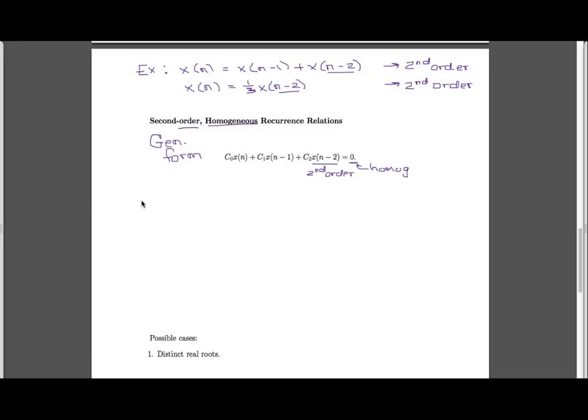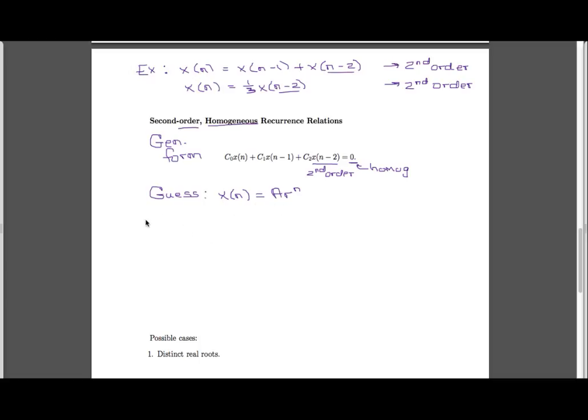Okay, so let's guess that our solution x of n looks something like a times r to the n, just like it did before with that exponential recurrence relation.